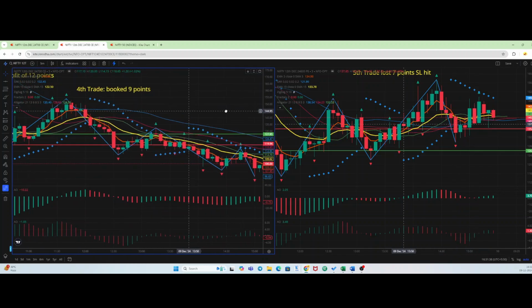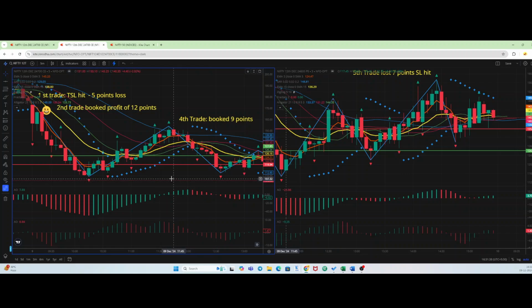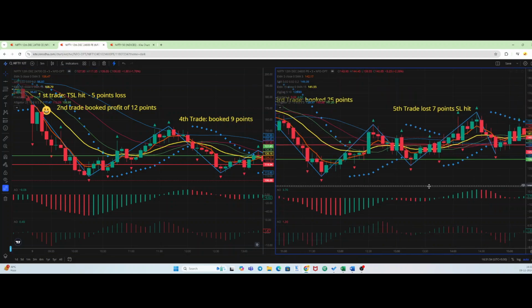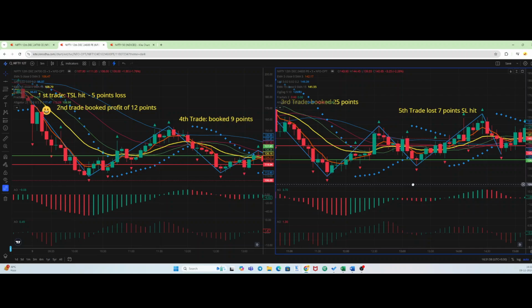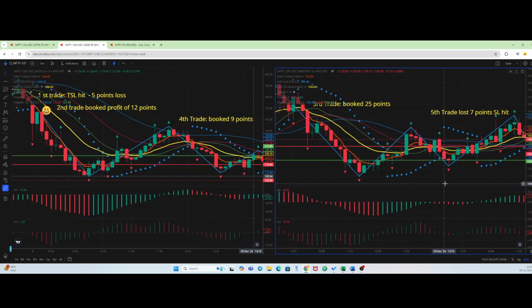So hence here you can see on the C side, the first trade we lost 5 points, the second trade we booked 12 points, the third trade we booked 9 points. That means 21 minus 5, near about 16 points. C side 16 points we booked, and P side first trade 25 points, second trade lost 7 points, means around 18.